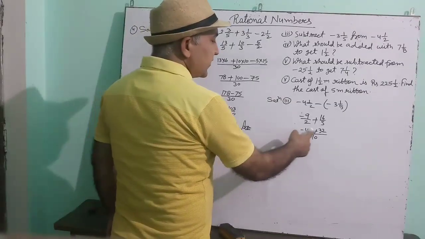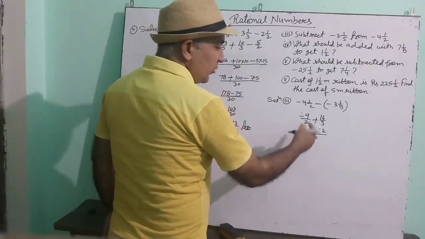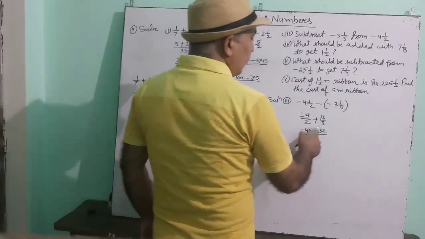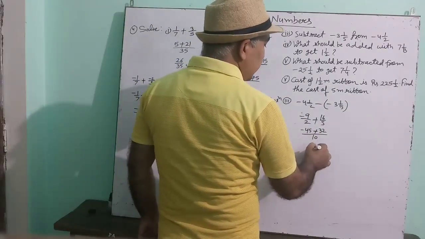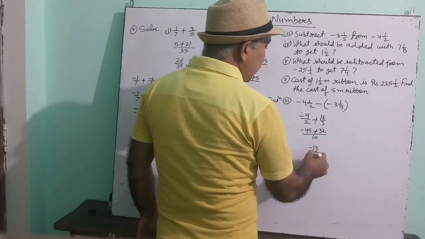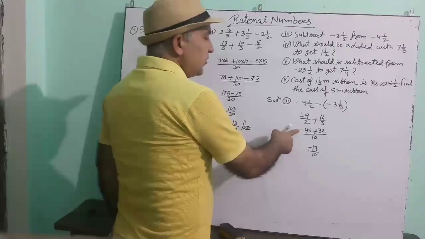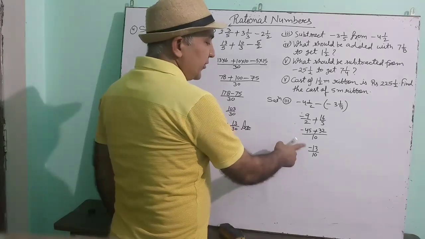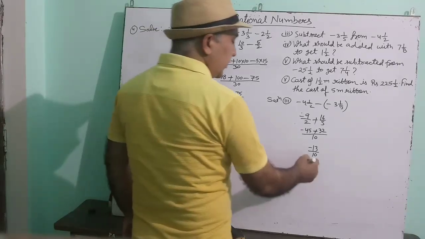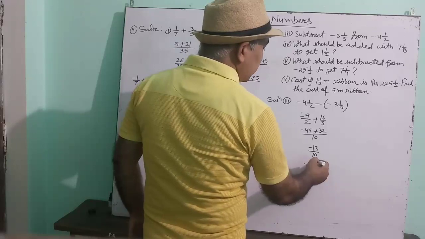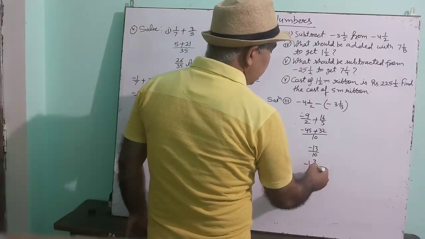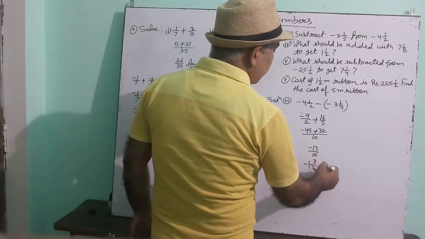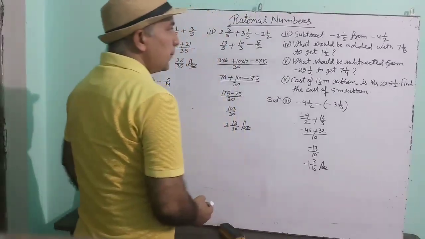Now see, minus and plus both signs are present. So the numbers will be subtracted. 45 minus 32 is 13. But the sign will be negative because 45 is larger than 32. That is why the sign of 45 is carried to the answer. Okay. Now if you convert it into a mixed fraction, it will be minus 1 into 3 by 10.